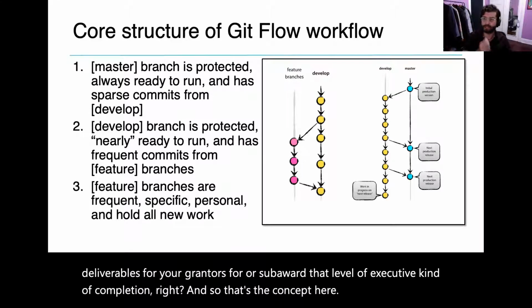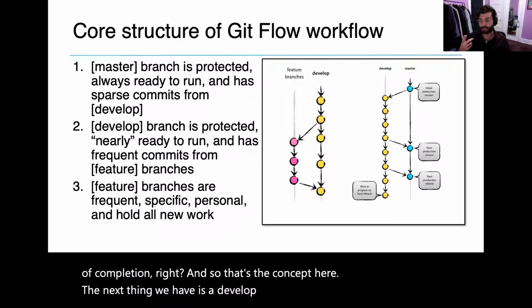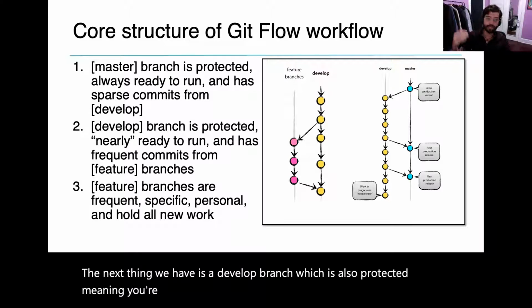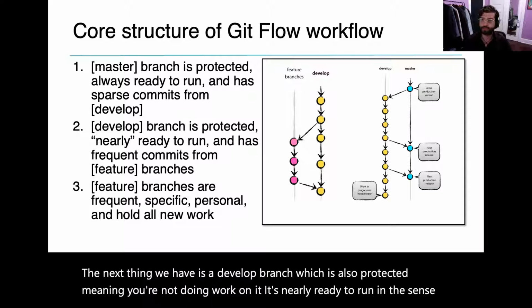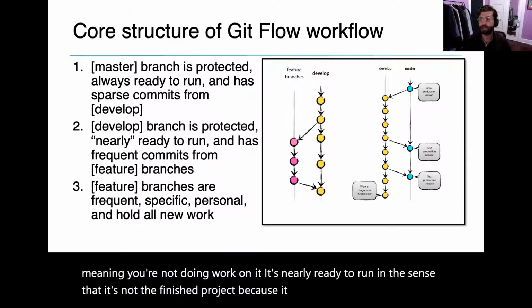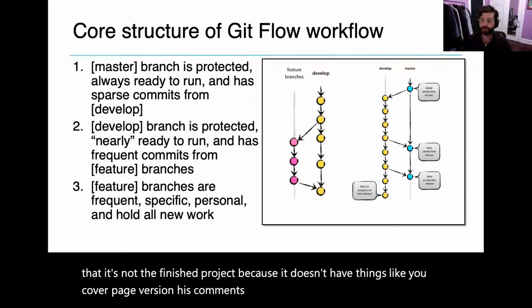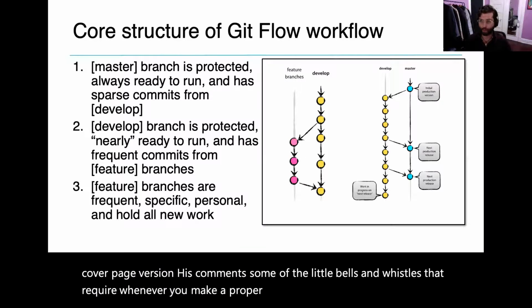The next one we have is a develop branch, which is also protected, meaning you're not doing work on it. It's nearly ready to run in the sense that it's not the finished project because it doesn't have things like your cover page, version, the comments, some of the little bells and whistles that are required whenever you make a proper release. But it works.